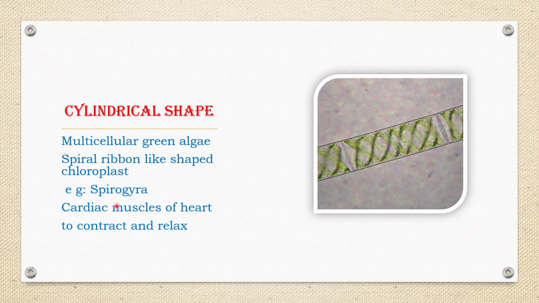Spirogyra is the best example to understand, because it is a multicellular green alga with a spiral-like shape. It helps in photosynthesis because inside it there is a chloroplast. Ribbon-like structure. Example, Spirogyra.